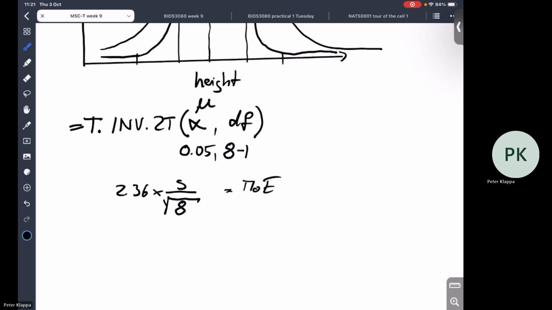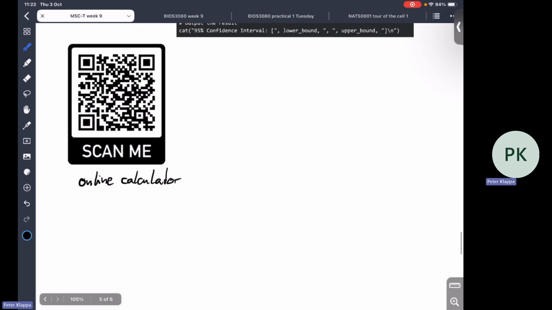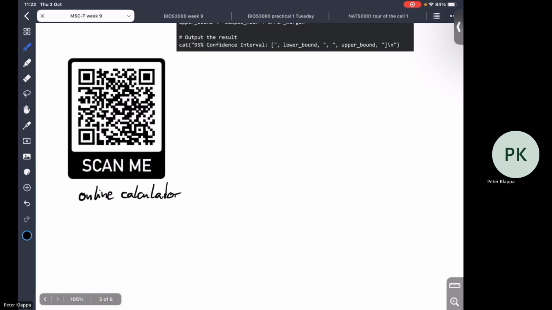But I am of a very lazy persuasion, and so should you be, because there is a fantastic online calculator. And I show you the QR code for that. May I suggest that you scan this and bookmark the site for it?